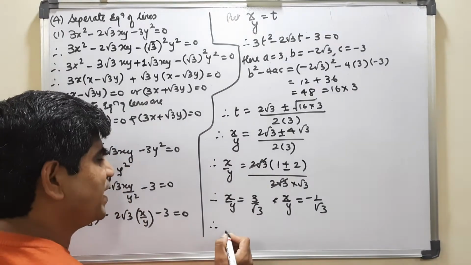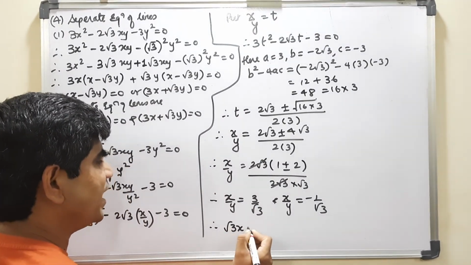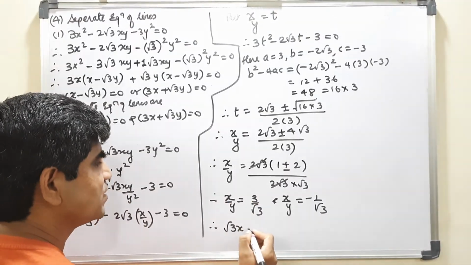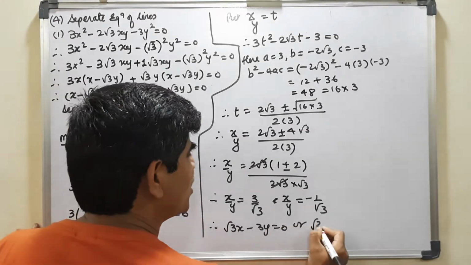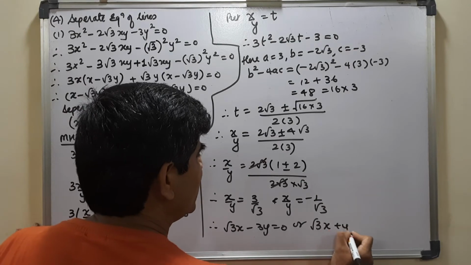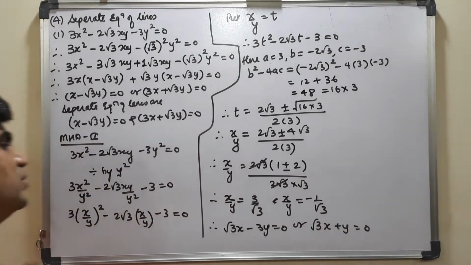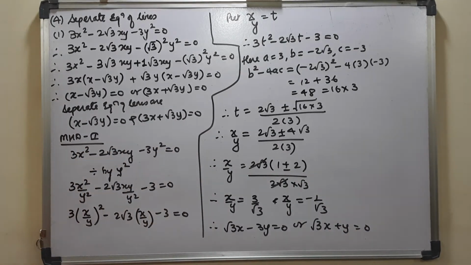So cross multiplication will give me root 3x minus 3y is equal to 0, or root 3x plus y is equal to 0. So you got the two equations, root 3x minus 3y is equal to 0 and root 3x plus y is equal to 0.